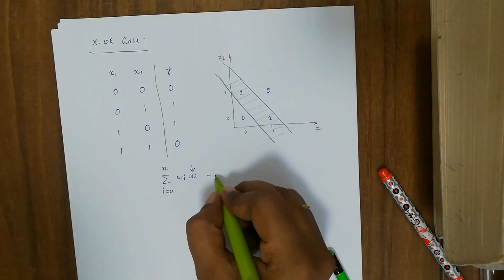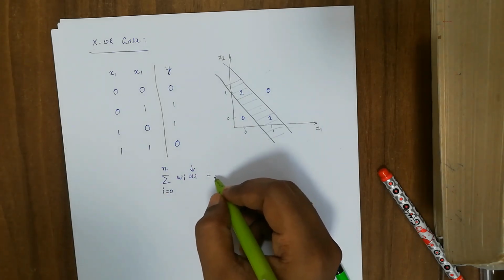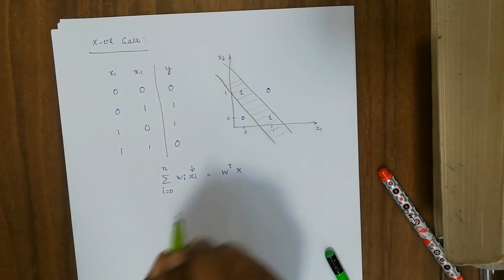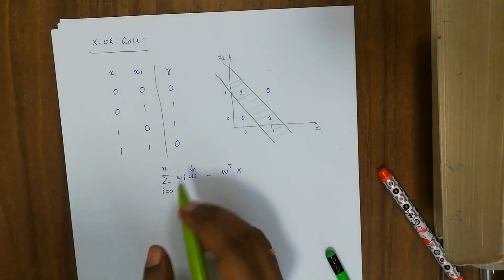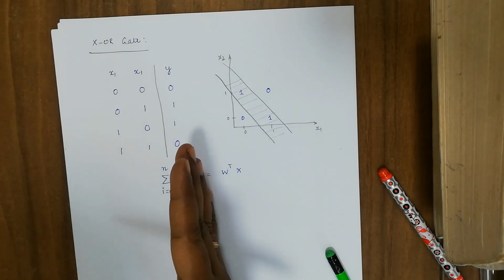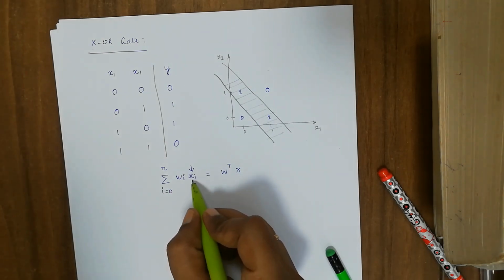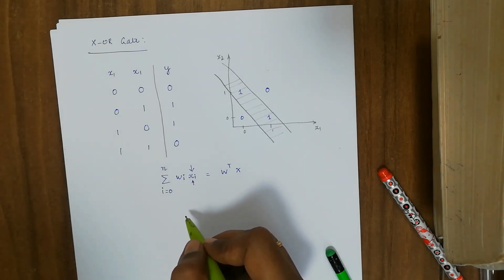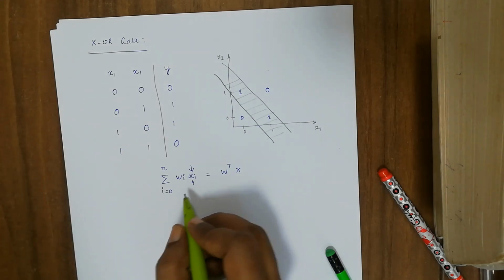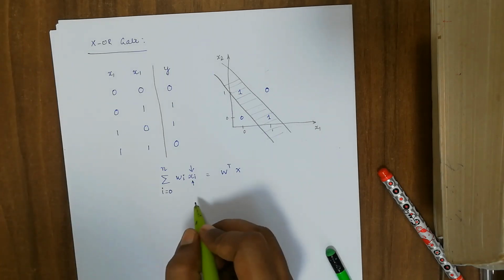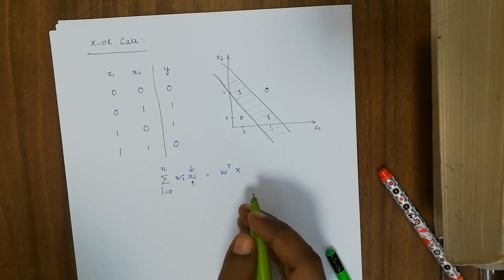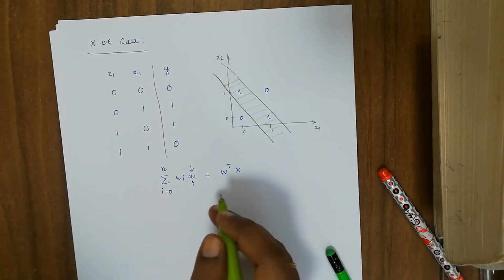This gives the equation of a linear equation, which is nothing but the equation of a single straight line, which we can write as W transpose X. In the case of multi-layer perceptron, we try to map the given input space into an intermediate space using some nonlinear function. Because of that nonlinear function, all these inputs that get mapped into the intermediate space become linearly separable.